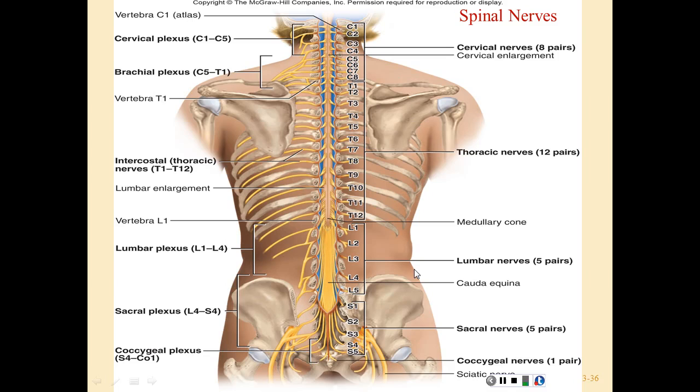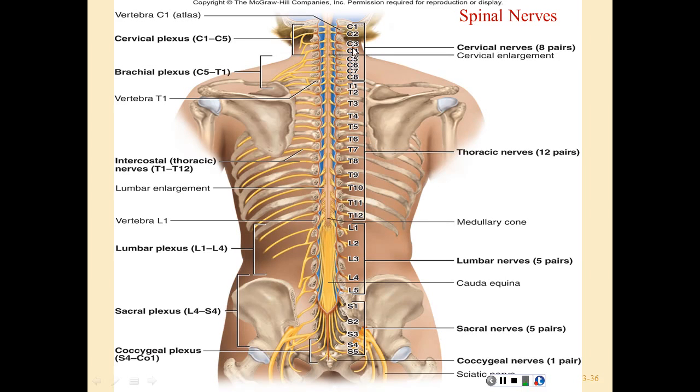And when I mentioned that the first cervical spinal nerve will emerge between the skull and the atlas, here's our C1. There's the skull and our cervical axis. So here is our vertebra C1, and here's our C1 nerve, and our C2 nerve, and we have vertebrae 2, 3, and 4.